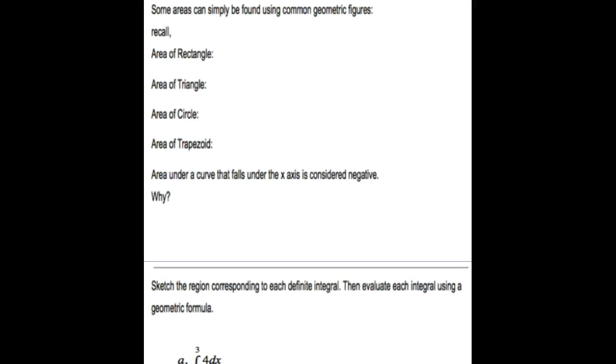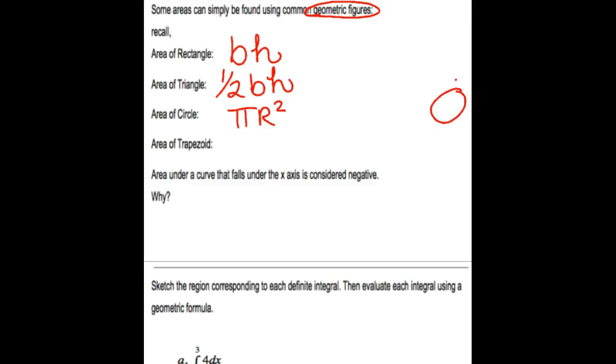In this section we're going to be concerned only with the ones that make geometric figures that you know a formula for. So they will either make rectangles, which have an area of base times height, triangles, which are 1/2 of the base times height. Circles they won't make because a circle's not a function. It fails the vertical line test, but it might make 1/2 of a circle or 1/4 of a circle.